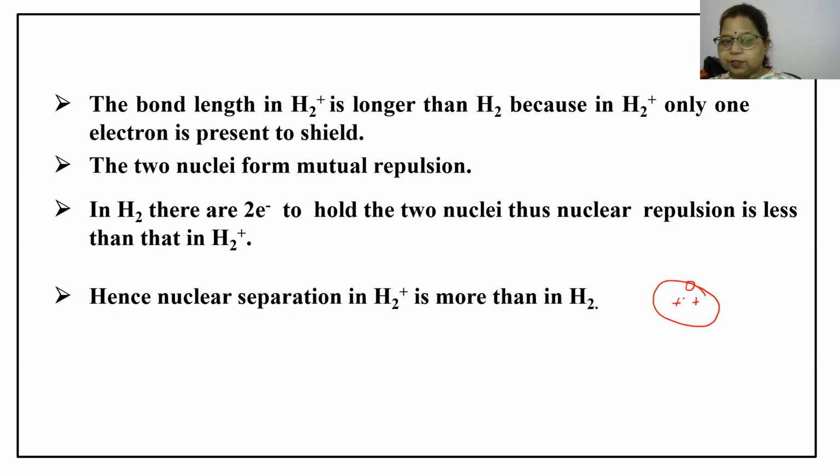That's what we mean to say here. The 2 nuclei are going to repel each other, right? Is it clear? Whereas in H2, you have 2 electrons and 2 protons, so repulsion is less than in H2 plus. Hence, the nuclear separation in H2 plus is more than H2, and hence we are getting a reverse order.